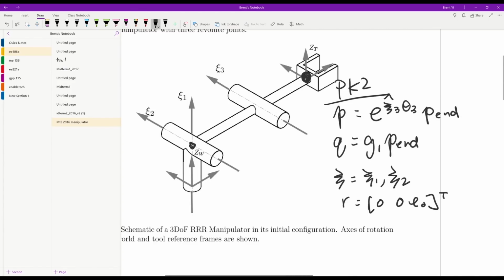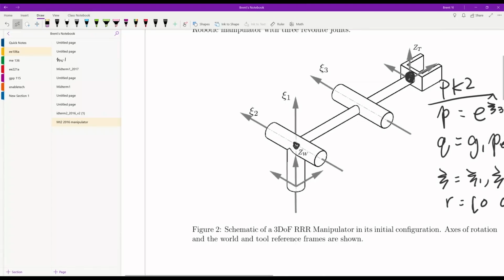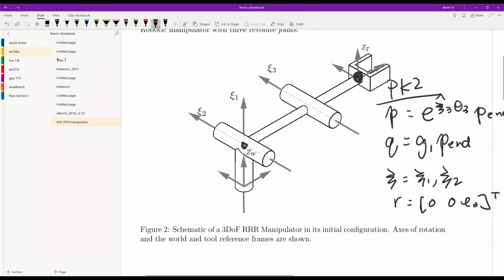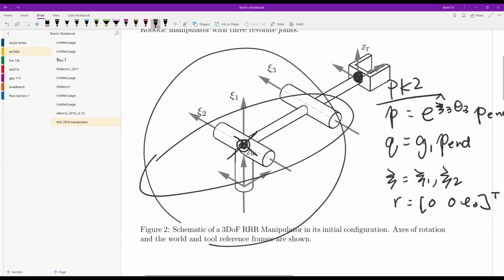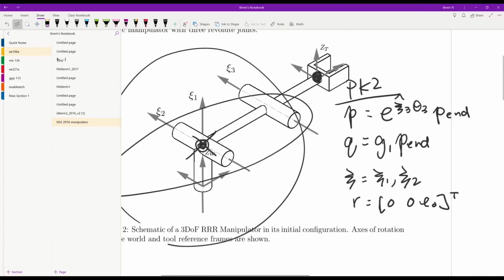So what we did was we used twist 3 to move the end effector position to the correct distance away from the shoulder, right? That way we know that theta 3 is correct. So it's somewhere along the sphere that has the desired end effector position on it. And then we use twist 1 and twist 2 to rotate it along the surface of the sphere. And after these two steps are done, we should be left with a correct inverse kinematic solution.